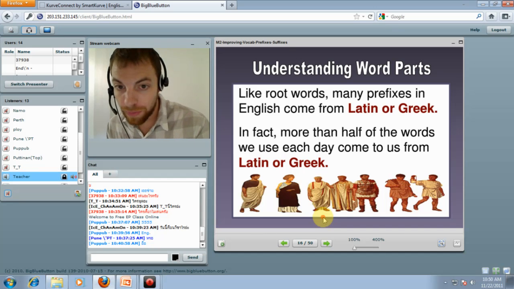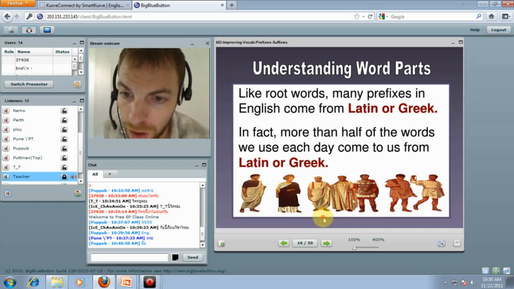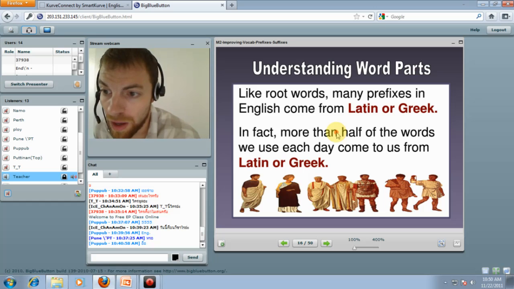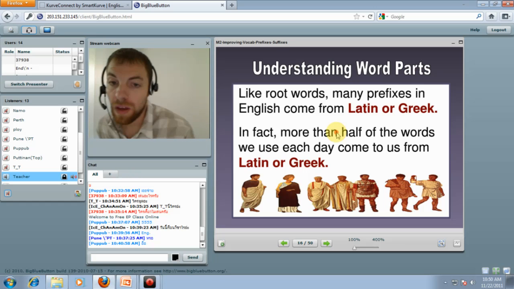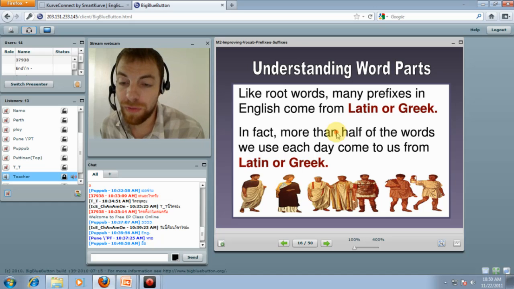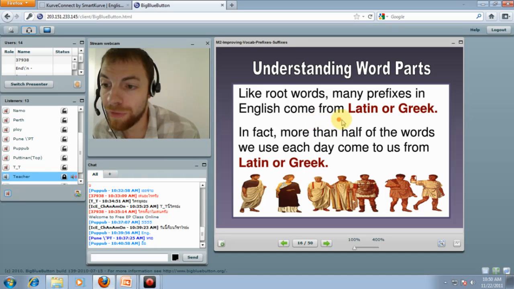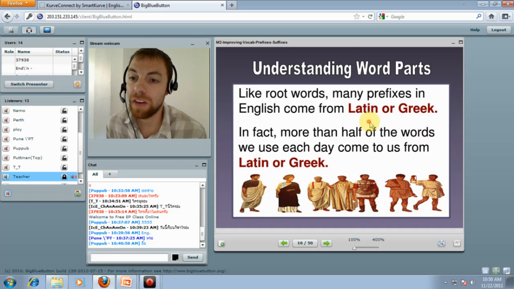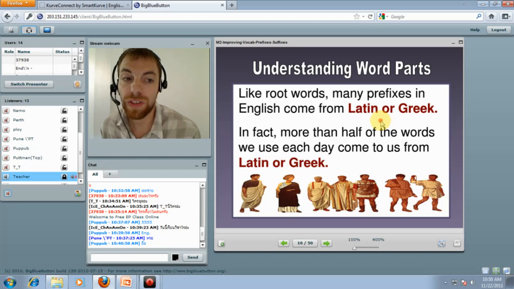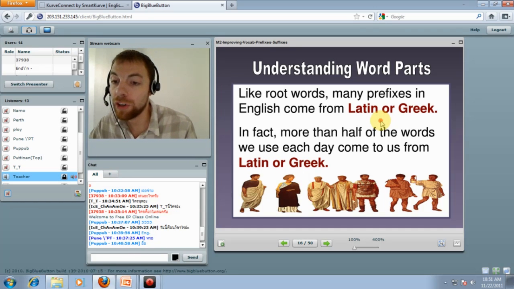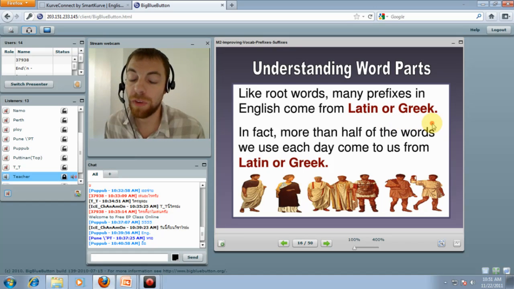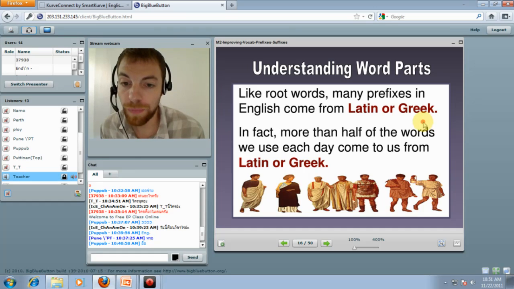Understanding word parts. So English, like I said, is made of many different parts, and it comes from many languages, but a lot of our prefixes and language parts come from Latin or Greek. So Latin is an old language. Many languages came from Latin, like French and Spanish, Italian, the Romance languages, and Greek has had a big influence on many languages, especially English.